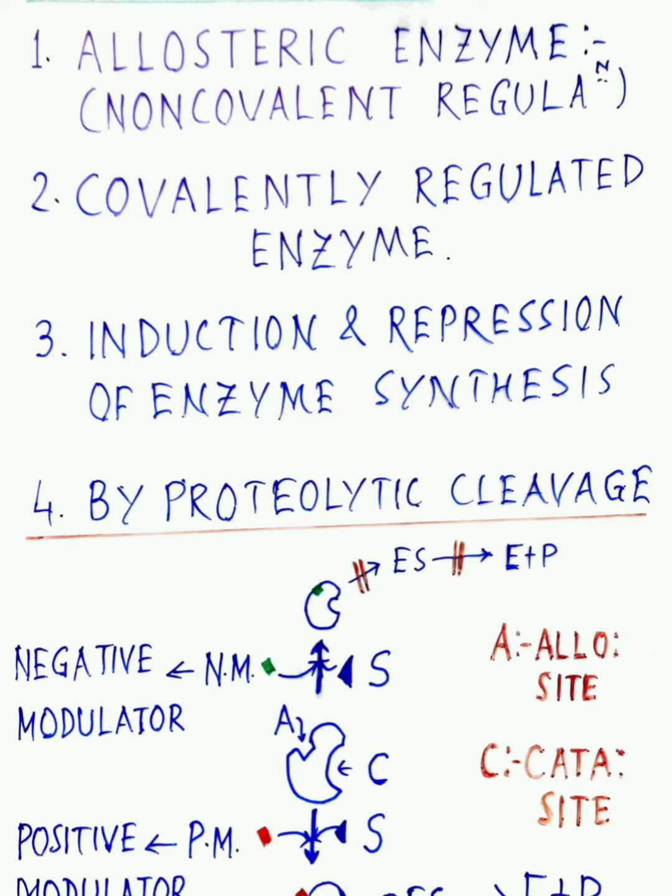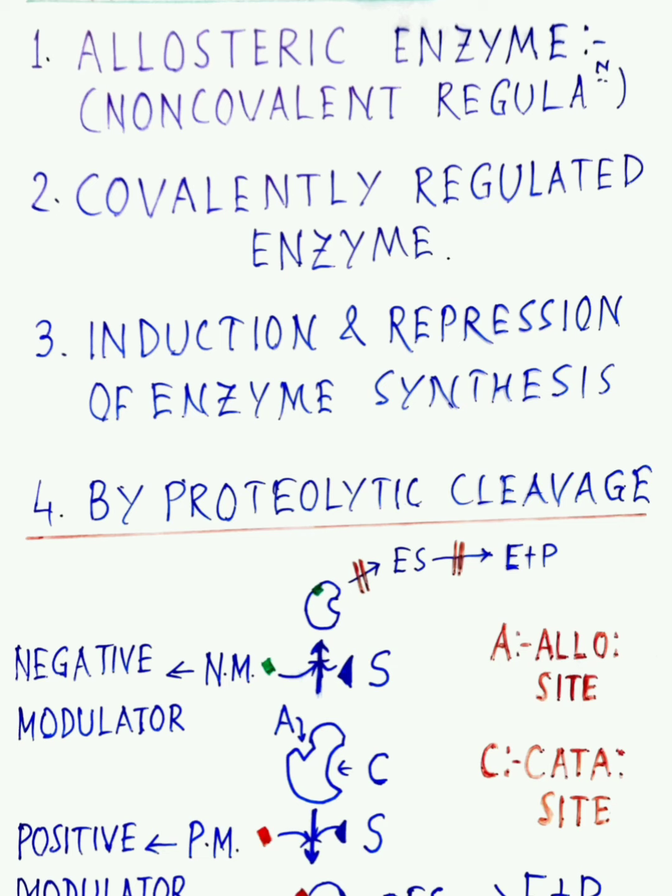For example, elevated levels of insulin due to high blood glucose levels cause an increase in the synthesis of key enzymes involved in glucose metabolism. In contrast, enzymes that are in constant use are usually not regulated by altering the rate of enzyme synthesis. Alterations in enzyme levels due to induction or repression of protein synthesis are slow, hours to days, compared to allosteric changes in activity, which occur in seconds to minutes.